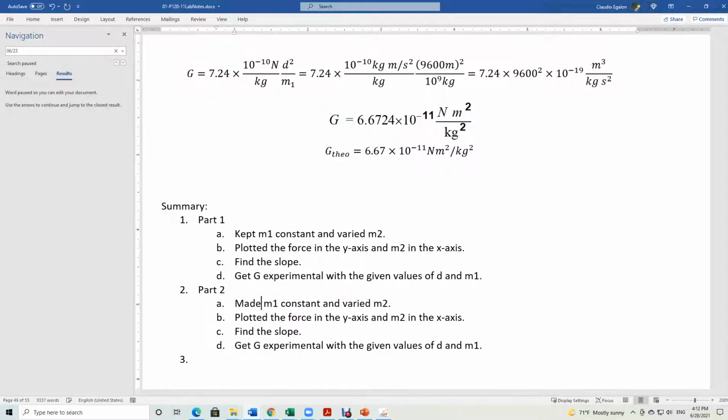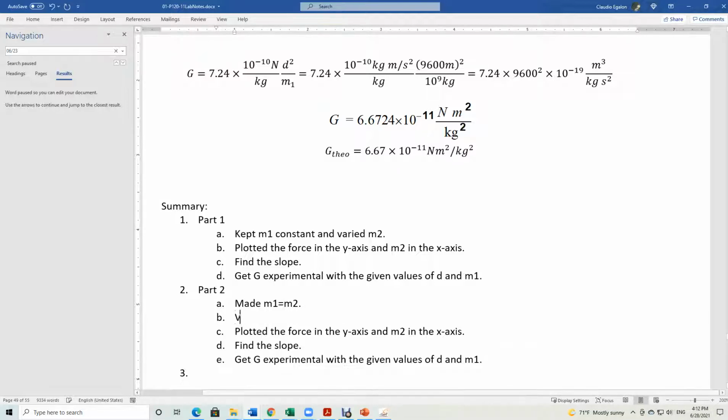Made M1 equal to M2. Varied D. Plotted the force in the y-axis and D in the x-axis. I'll call that part 2A.